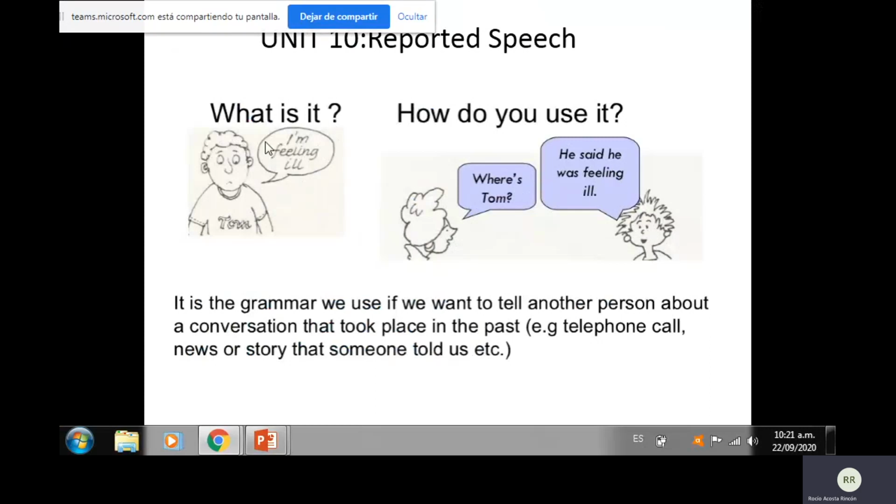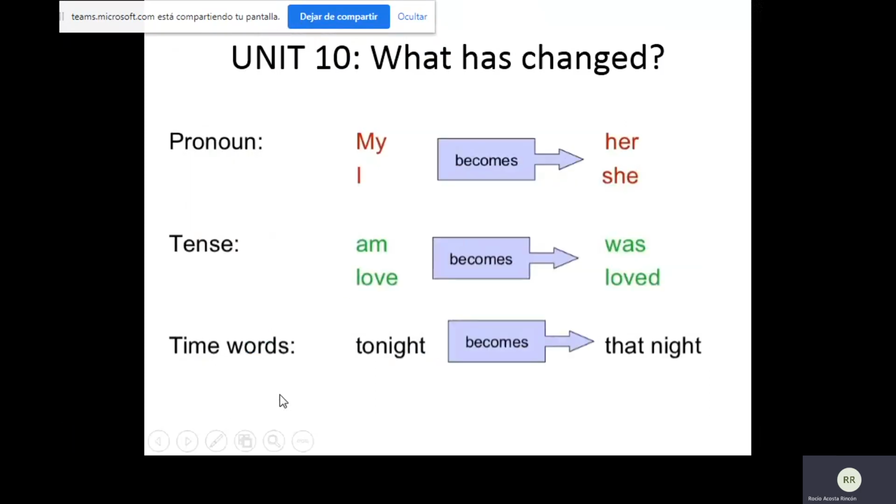If you see, the tense in the direct speech and reported speech changes dramatically, and we can perceive it basically in the grammar or the tense of the verb. Now we're going to go into detail. What has changed?